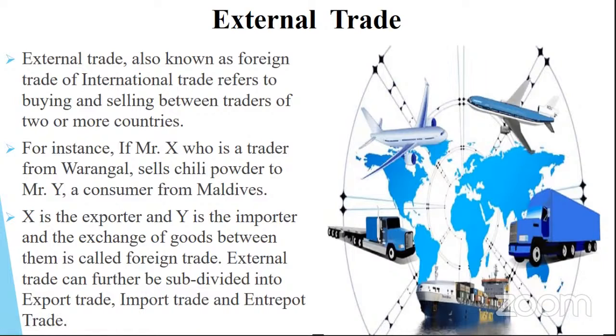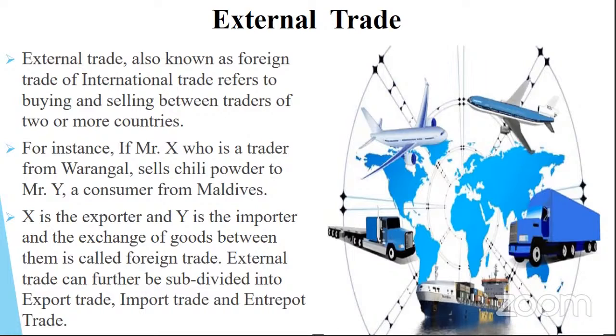So we can purchase, that means import from other countries, or we can sell, that is export to other countries. Whether it is import or export, if it is with other countries, that is called external trade, foreign trade, or international trade.